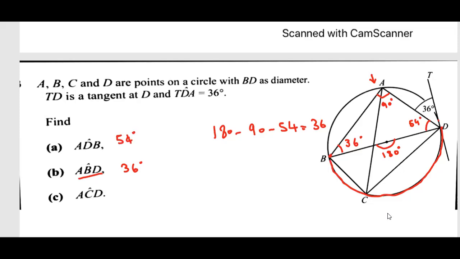ACD, what about this angle? Who's going to tell me? This will also be 36 because same segment. Very good. Because angle B and angle C are making the same arc, right? So we know that these angles would be the same. Excellent. Rania, did you understand this? Yes. Okay, very good.